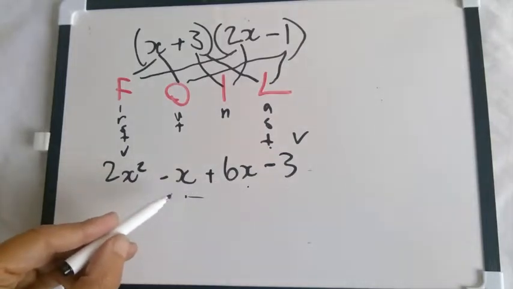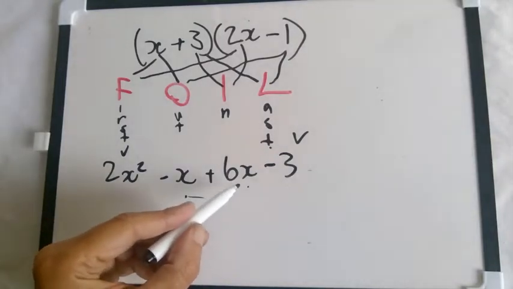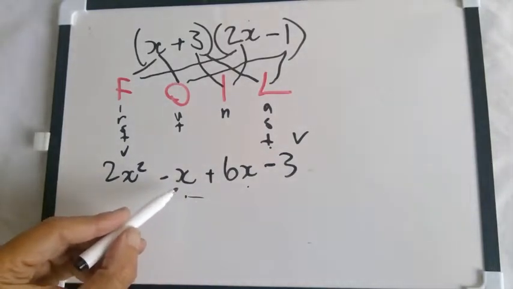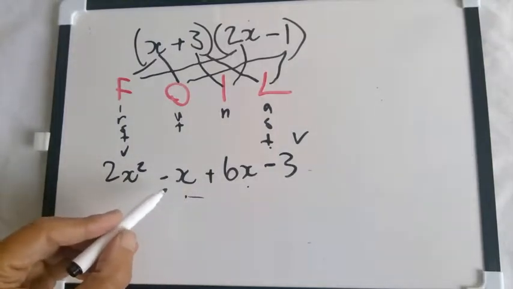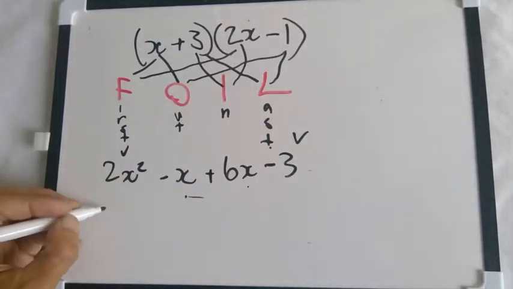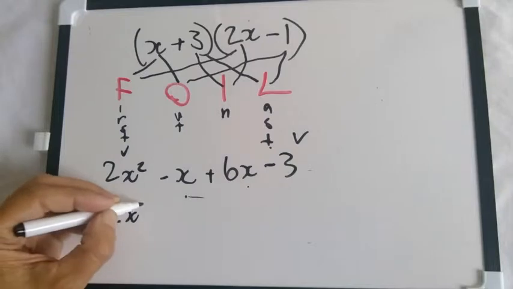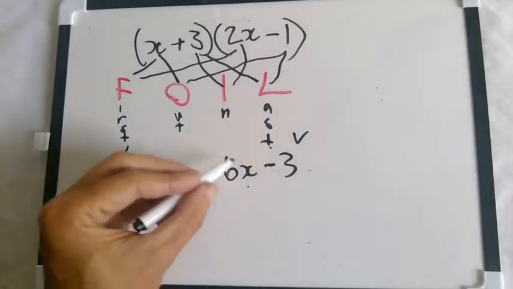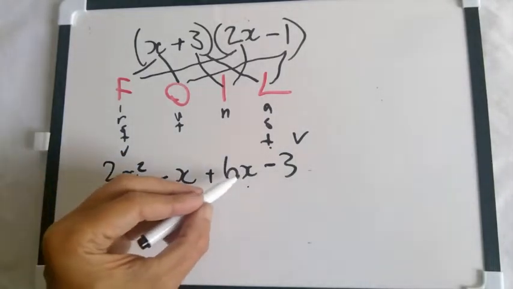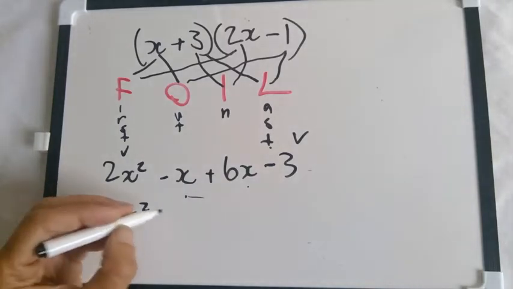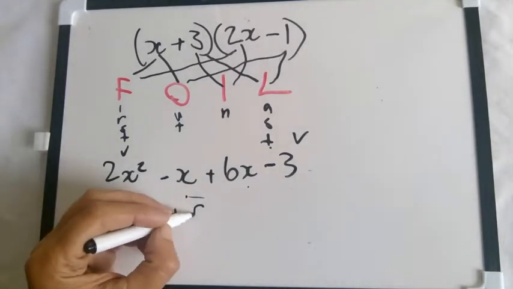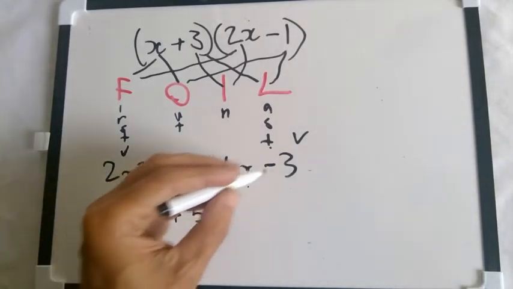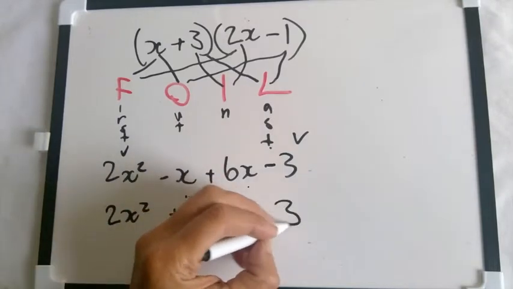These are both x terms, so we sort out these: 6x and minus x. 6x take away x is 5x. So our first term is 2x squared, the result of these two, 6x take away x, gives us 5x, and our last one is minus 3.